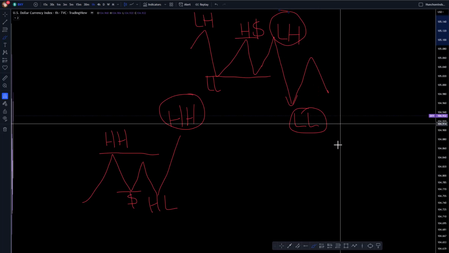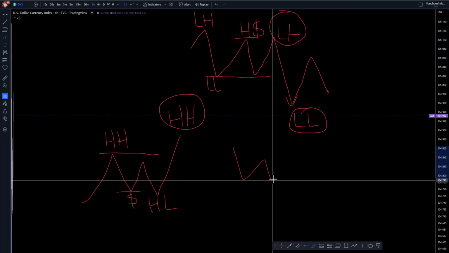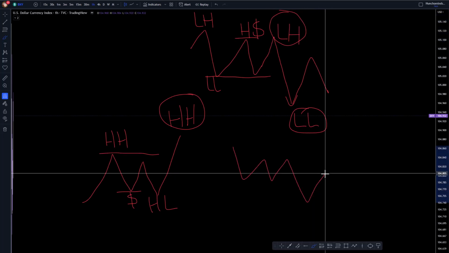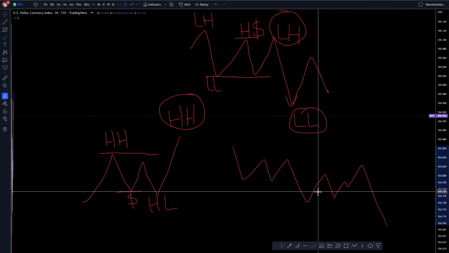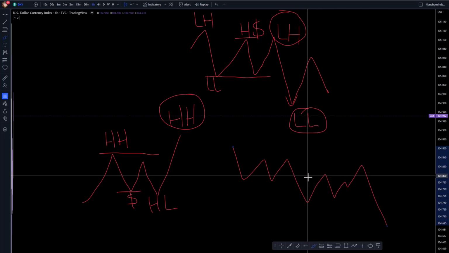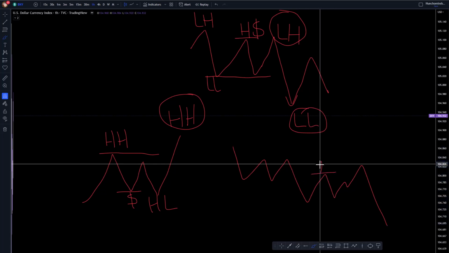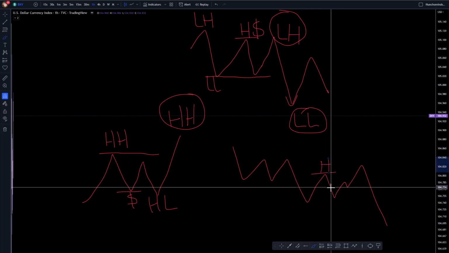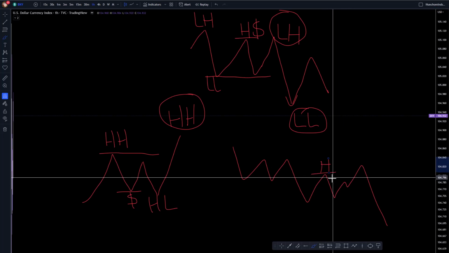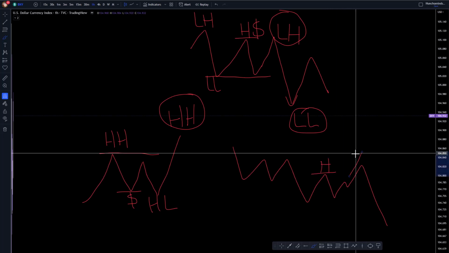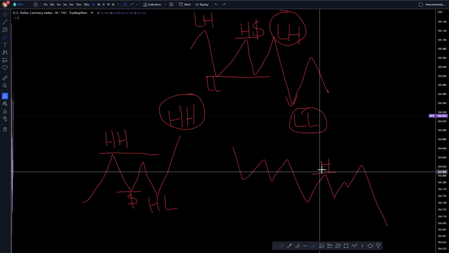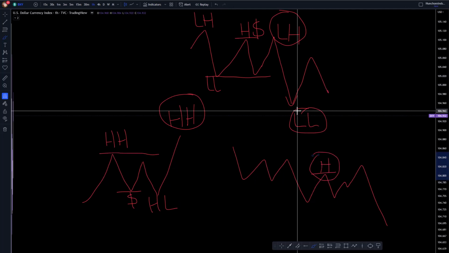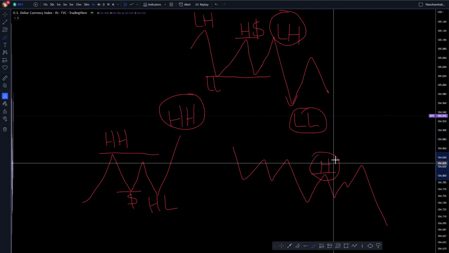Just because in a bearish structure we have swept previous highs, the only reason I would consider that a bullish structure is if that was a valid previous lower high.